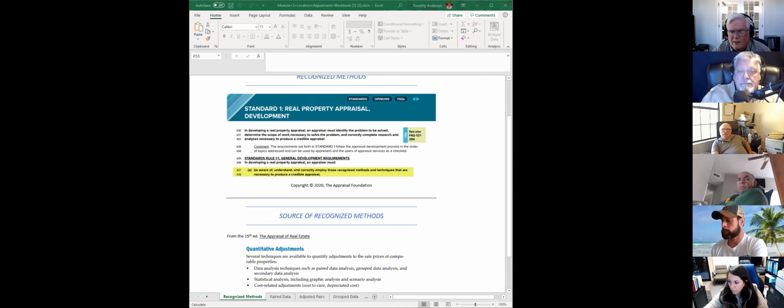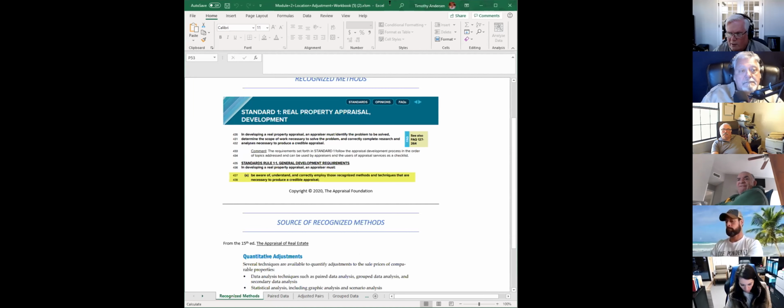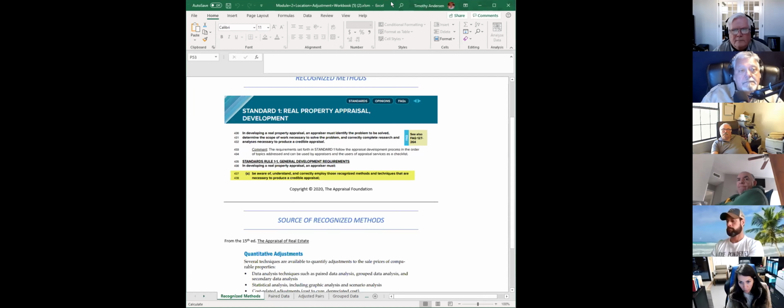We'll also be talking about using secondary data for some of the adjustments that aren't quantified, but there's pretty good survey data that can be referred to. It's definitely about appraisers recognizing when they have good data, they use it, and when they don't trust it as much, they don't give it as much weight.